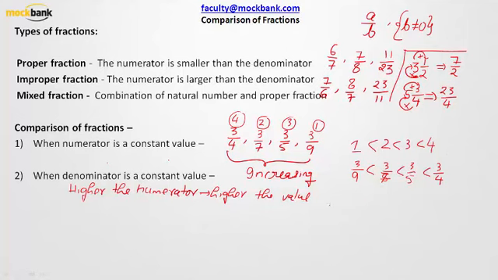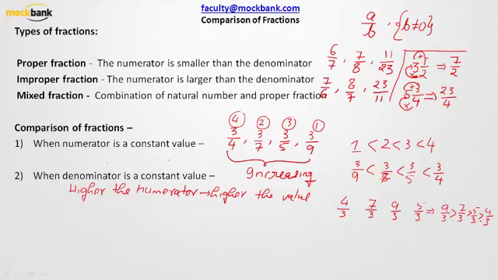Now if I have, say, 4 over 3, 7 over 3, 9 over 3, and 5 over 3, then 9 over 3 is the highest value, then 7 over 3, then 5 over 3, and the least is 4 over 3.